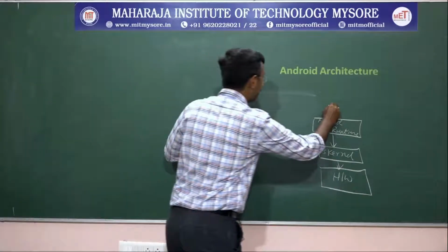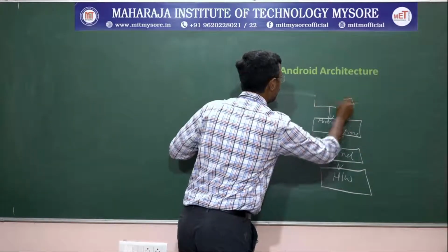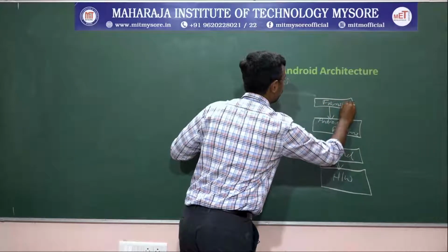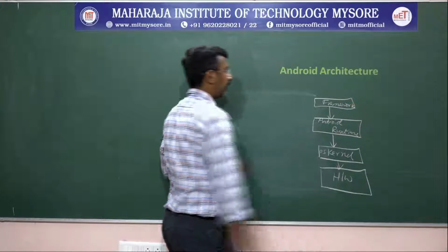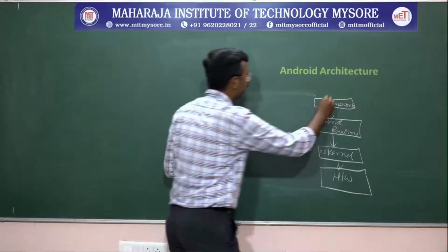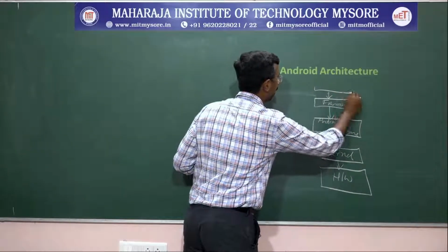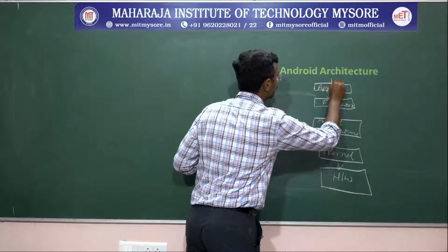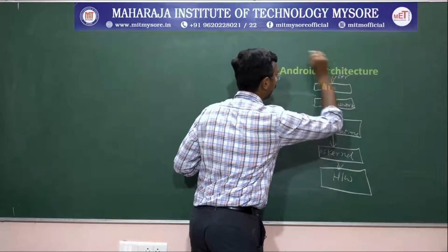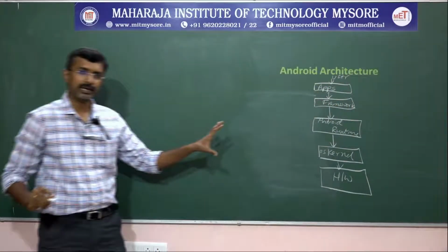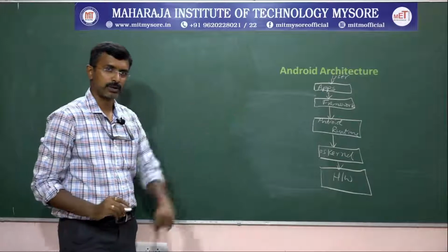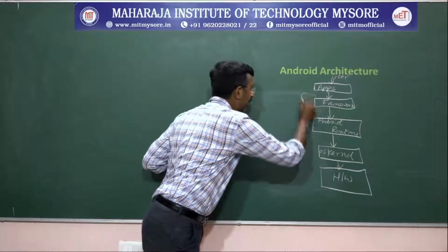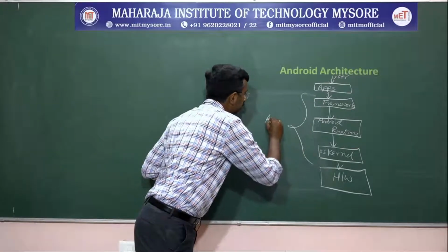The next layer on top of it is the Android framework. On top of it we have the real applications, the apps, through which the user will interact. This is a simple way to write the architecture of Android. Let me explain every bit of it. This is the complete Android OS.